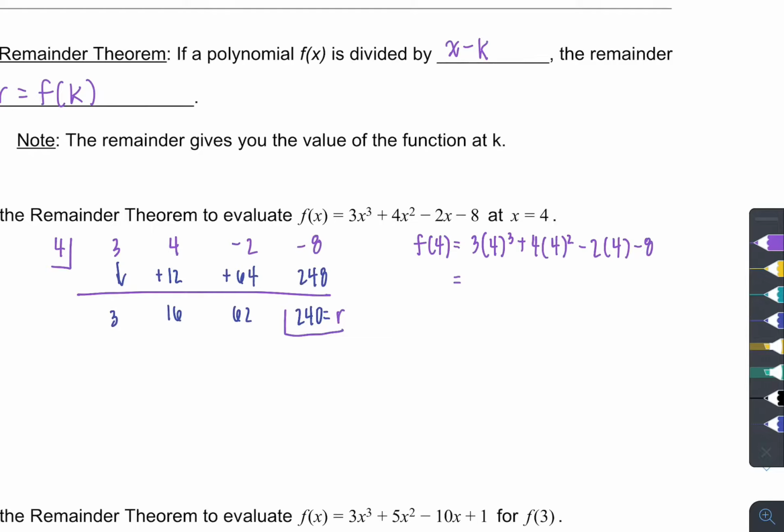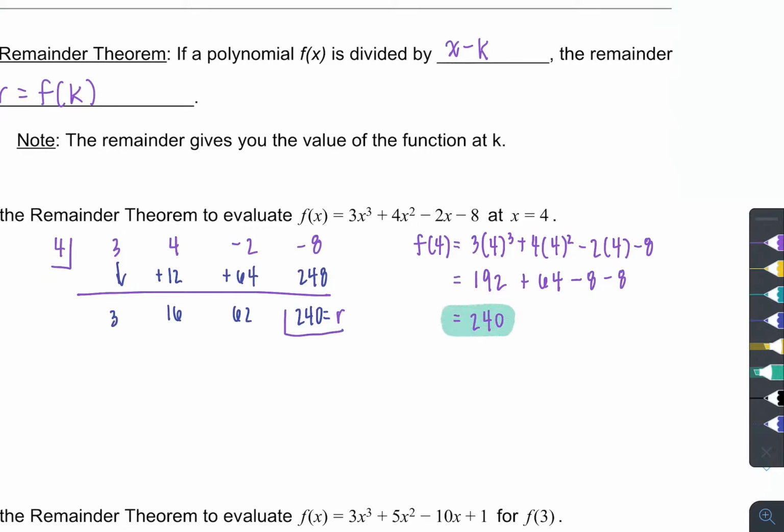All right, so we get 192 plus 64 minus 8, which if you add those all together, we get 240.